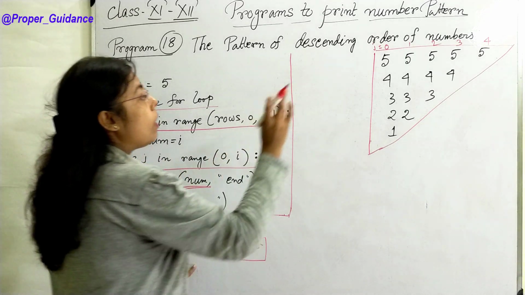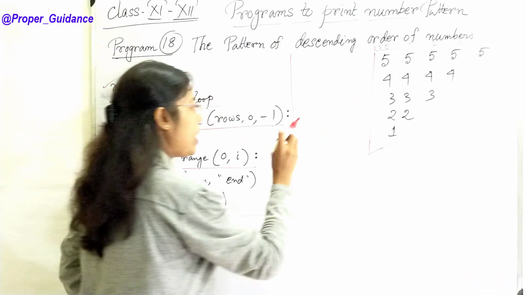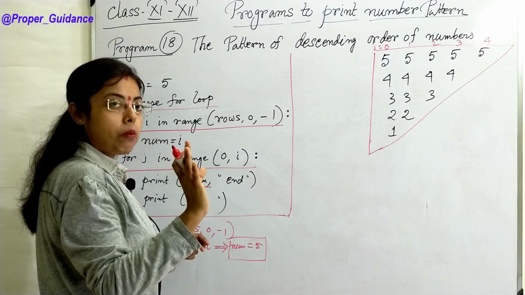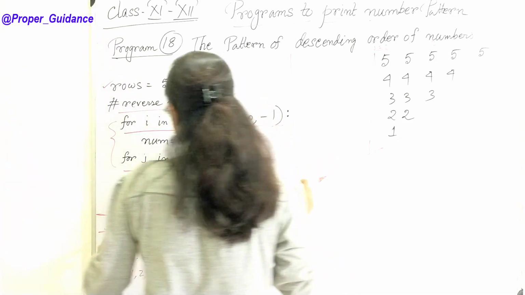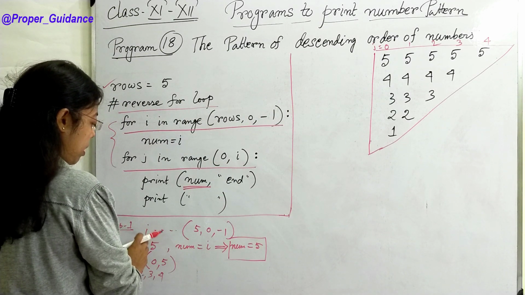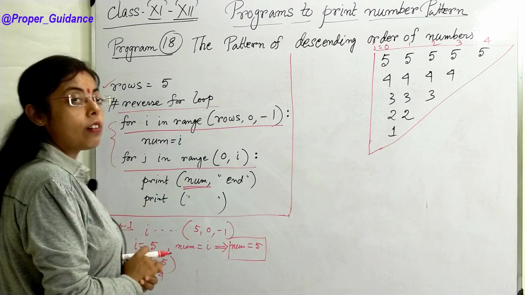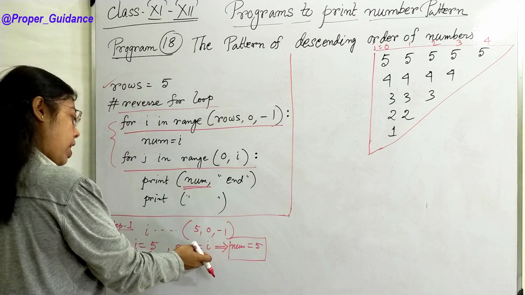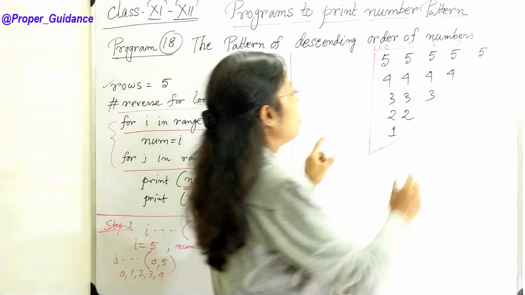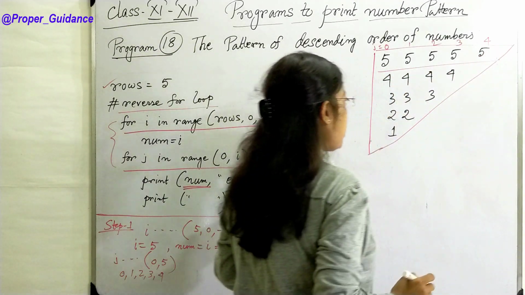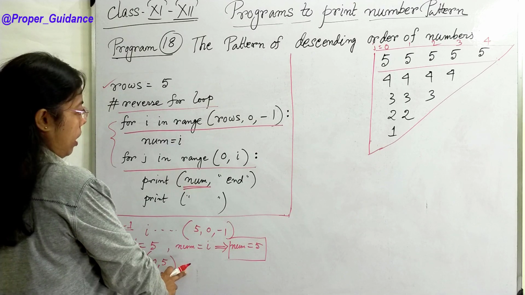That means in the first row we have printed the digit 5 five times, because in the first step the value assigned to i is 5, and num equals i. That's how we get the first row.